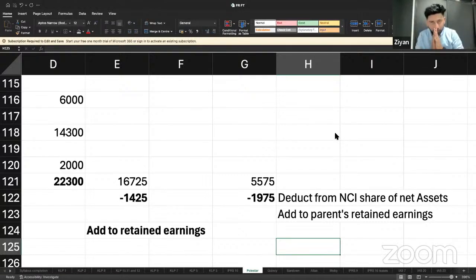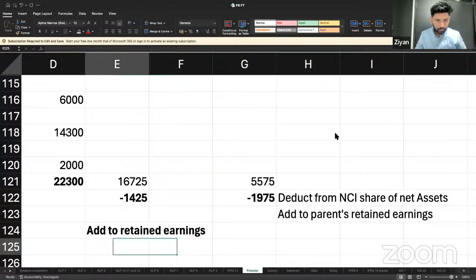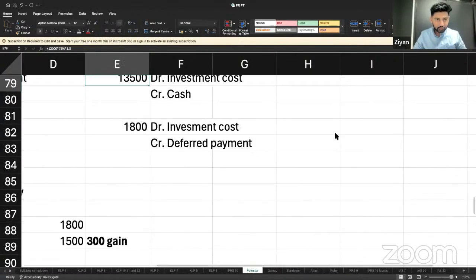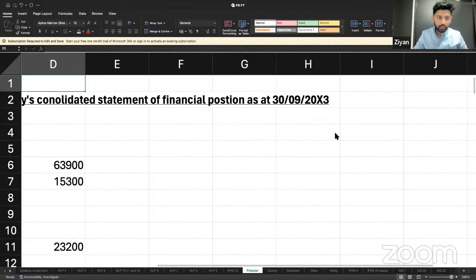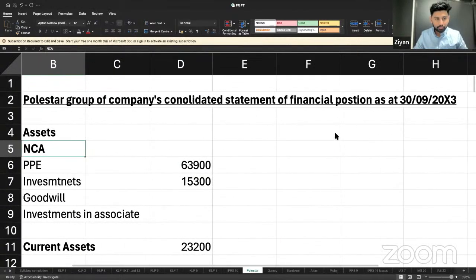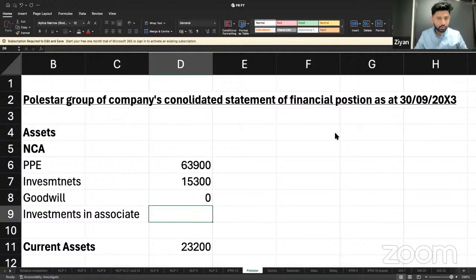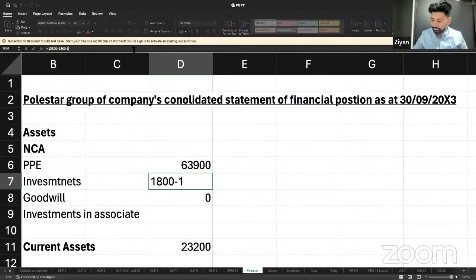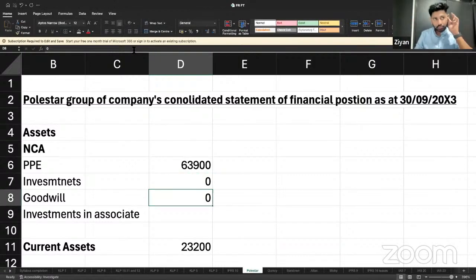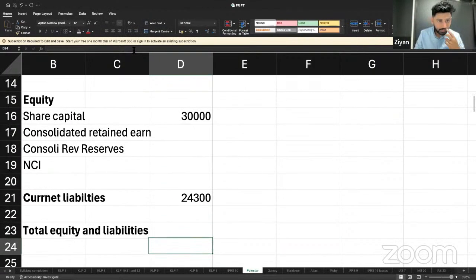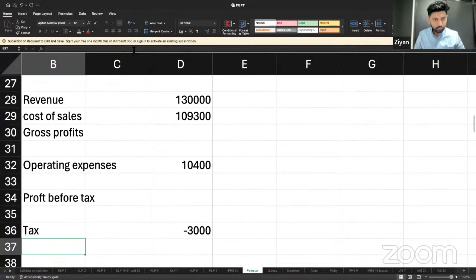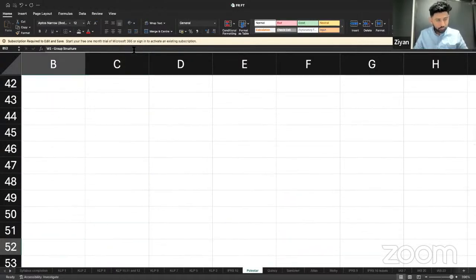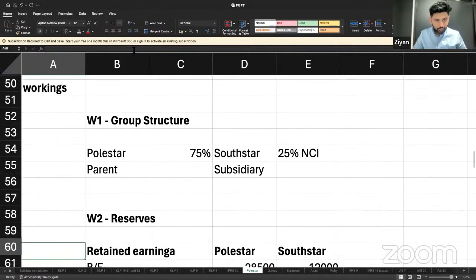Look at the way I'm going to account for it. My first thing is, I will not have goodwill at all. Therefore, my goodwill will be 0. My 15,300 is taken to calculate goodwill, so minus 15,300. I come right below to my retained earnings.